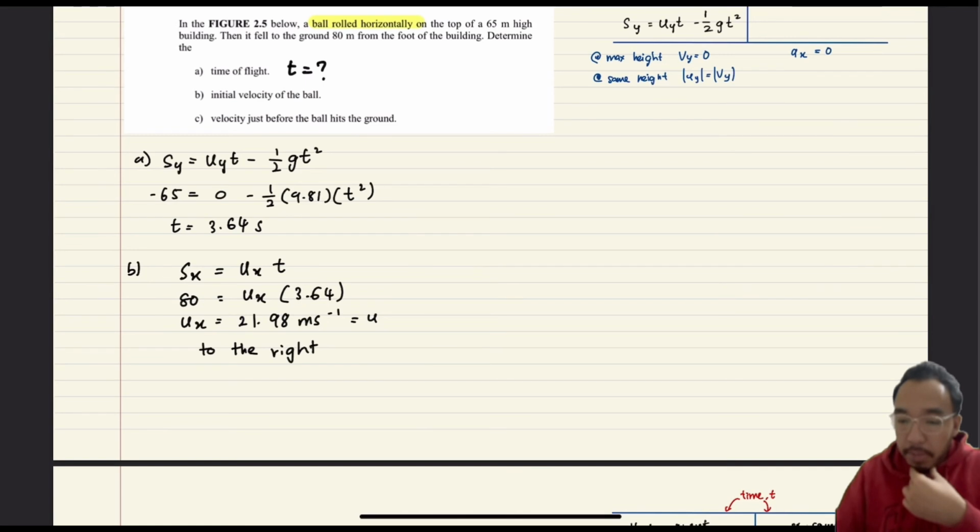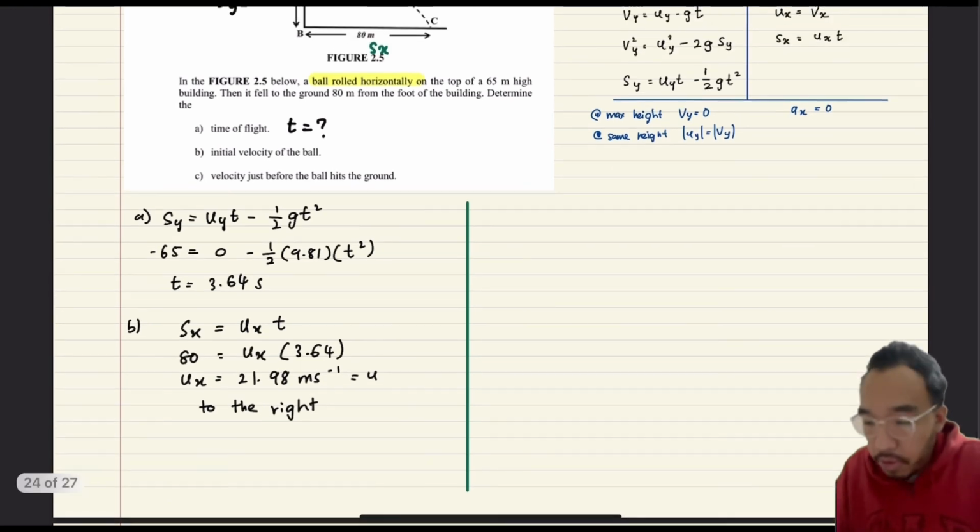Velocity just before the ball hits the ground. Again, this is a similar question to the previous one, but now you have more information. Ux will always be equal to Vx, so you don't have to calculate that one.